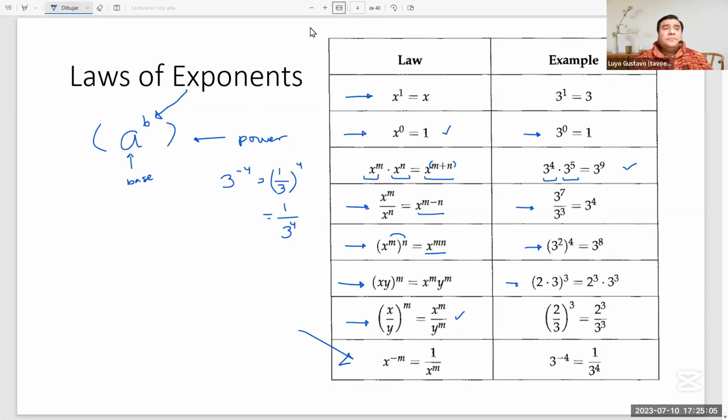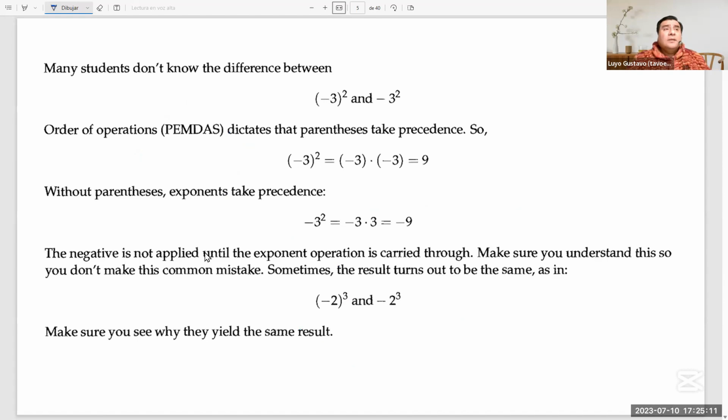Okay, so let's move on. Using these properties, be careful how you interpret certain constructions. For example, here, -3 up to 2, or -3 squared, and the additive inverse of 3 squared are two different things, although they are similar in form, right?